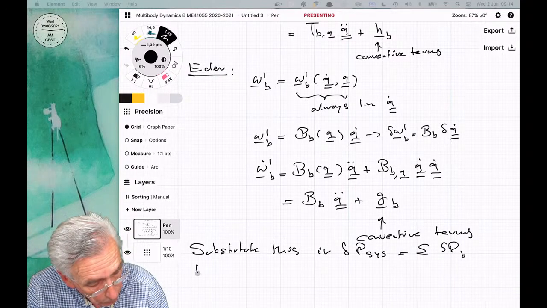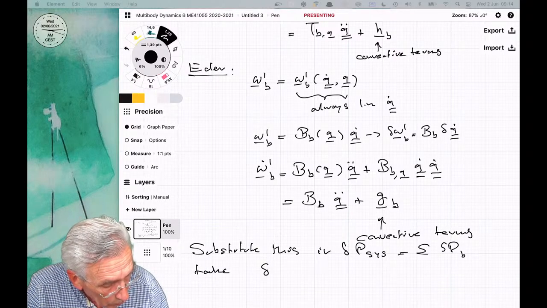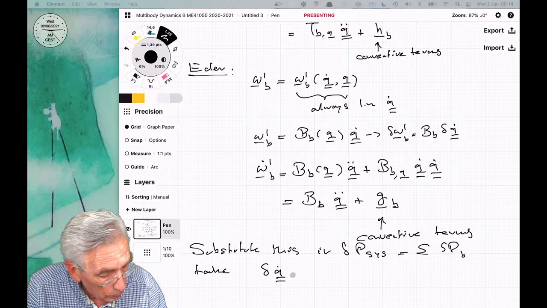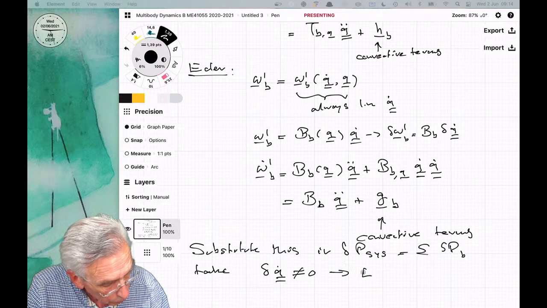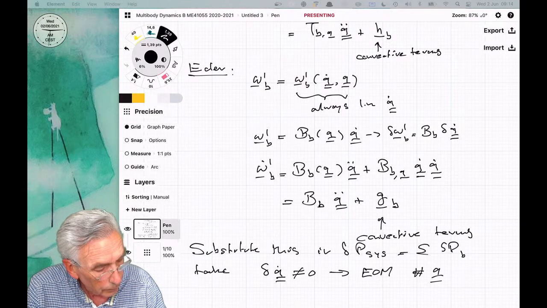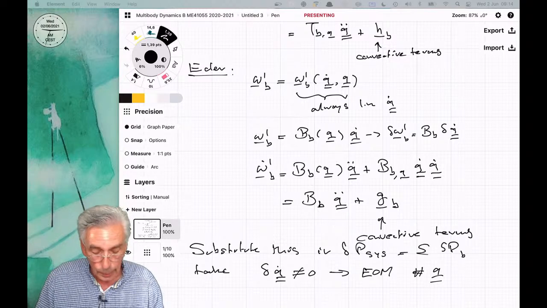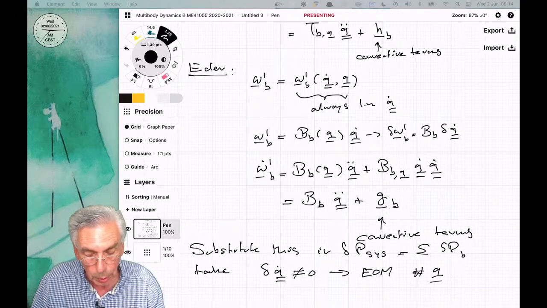And then we take all virtual generalized velocities, as long as they're not zero, and then we get equations of motion, as many as there are q's, right? And that is the whole show.